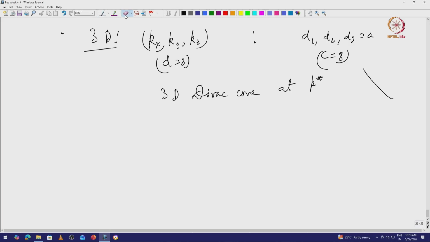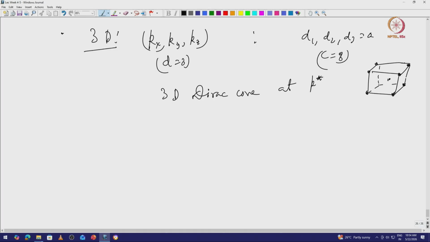You cannot really draw it, but you can have a 3D Dirac cone sitting here, which is linear in all 3 dimensions. Okay, so just a single Dirac cone.